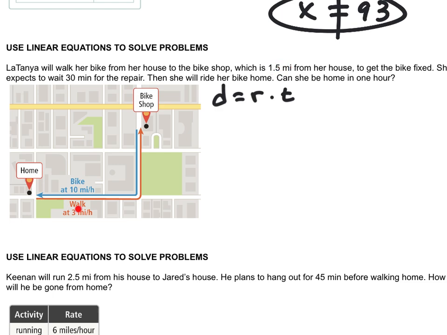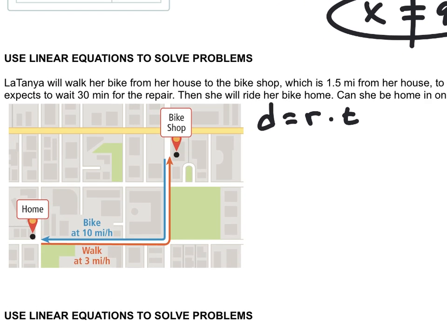And we know the rate at which she walks and the rate at which she bikes, and that can tell us the time. So we can set up a bunch of different equations here. I want to know the time that it's going to take for LaTanya to walk, and what I know is the distance is 1.5 miles.